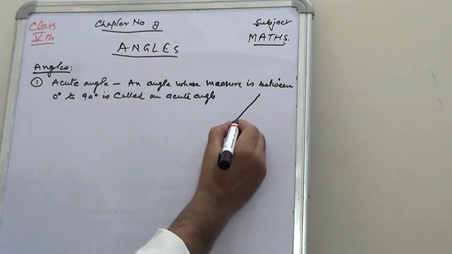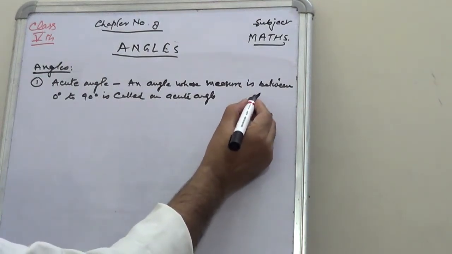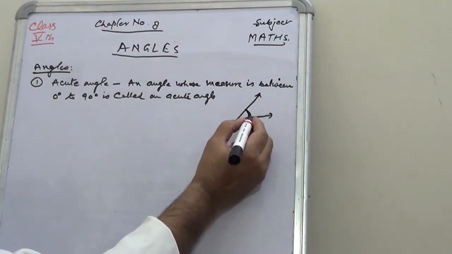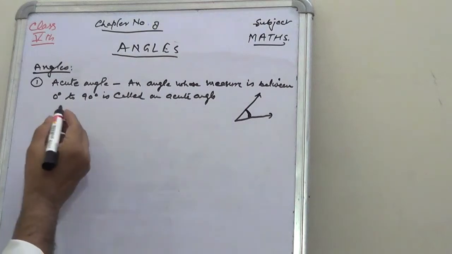It has such type of shape. The opening of the angle is between 0 to 90 degree. Acute angle.